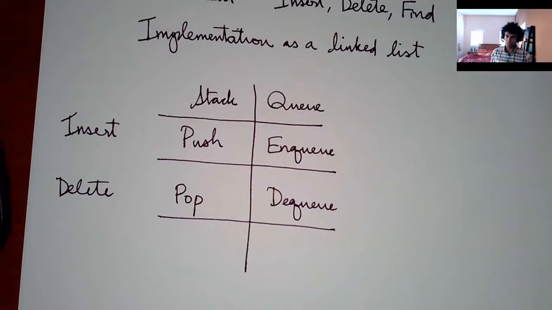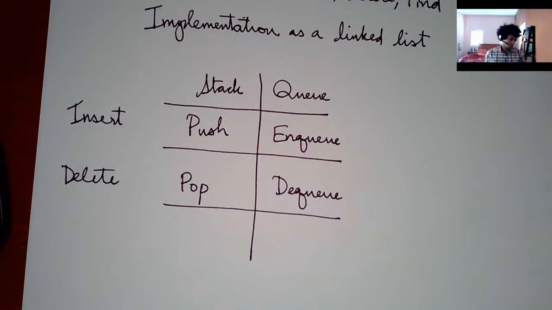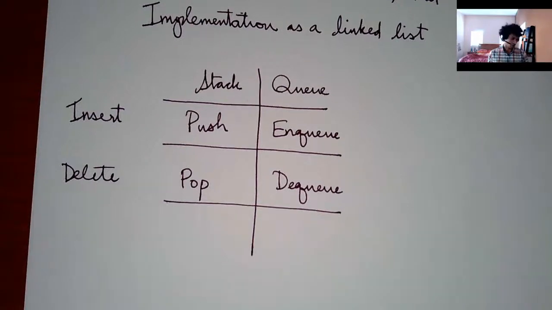Now the difference between a stack and a queue is basically, one can think of it in terms of the difference in the delete function.